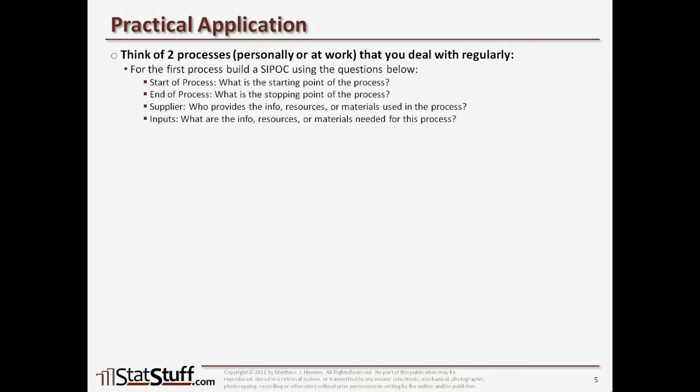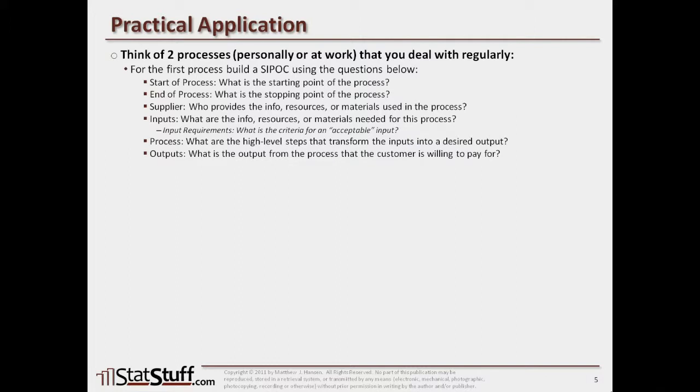For the inputs themselves, what is the information or what are those resources or materials that are needed for the process? And what are the input requirements for those? What's the criteria for what you consider to be an acceptable input, something that's non-defective that you're receiving? And then what's the process itself, those high-level steps that are transforming those inputs in order to create the desired output?